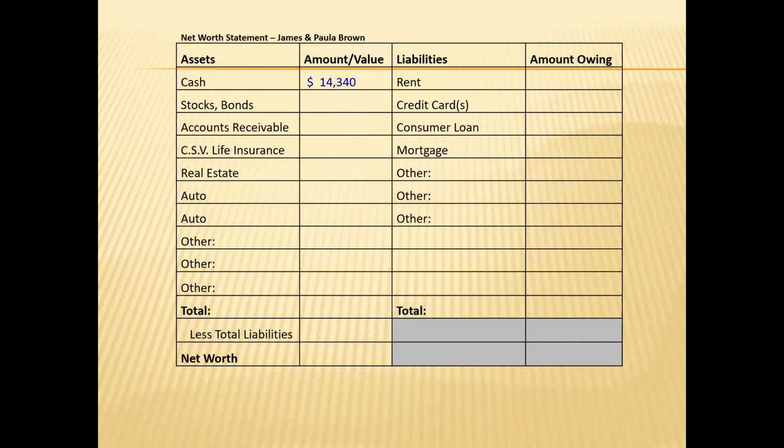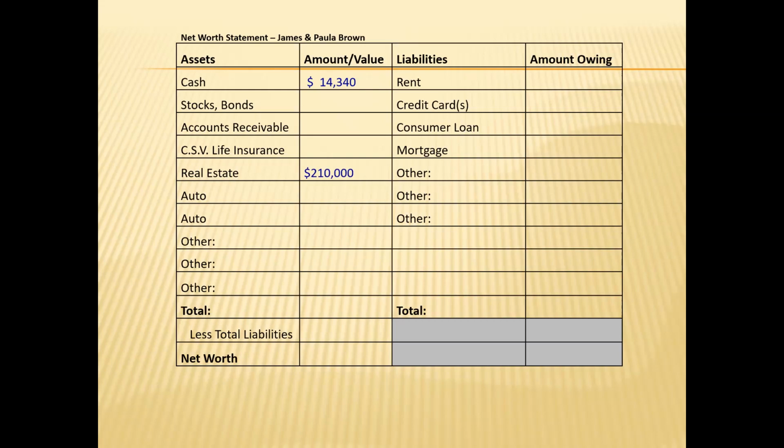So what is the next asset? Would that be the real estate, sir? Real estate? Okay, and what is the current value on that? That would be 210,000. Yes. Any other assets?